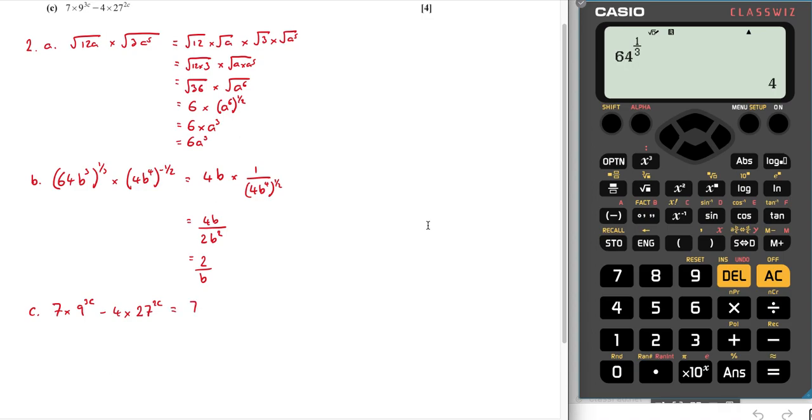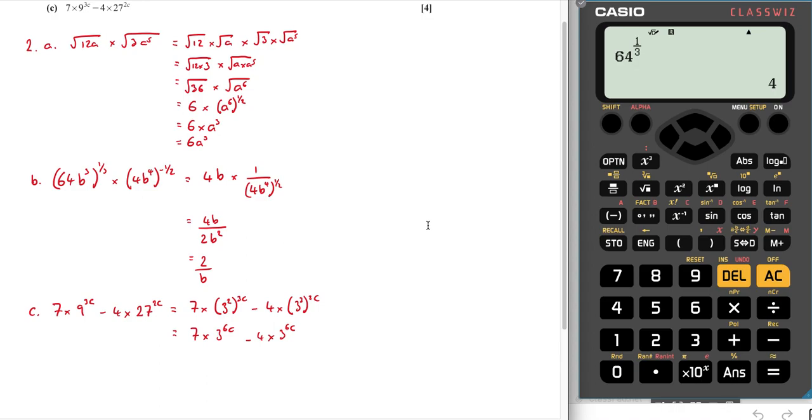So that's going to be 7 times, and then 9 is 3 squared, to the power of 3c, minus 4 times 27, which is 3 cubed. And then that's going to be 7 times 3 to the 6c, minus 4 times 3 to the 6c again.